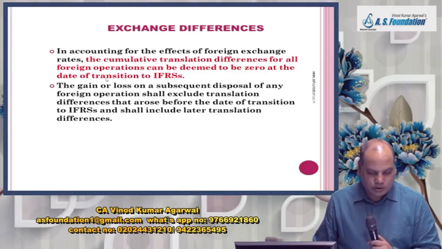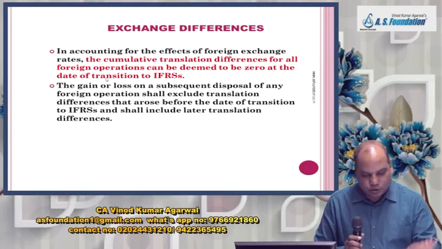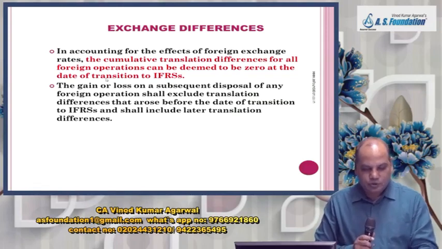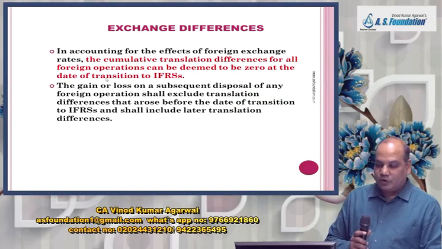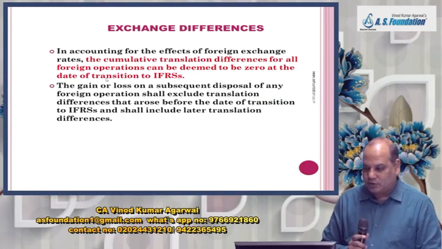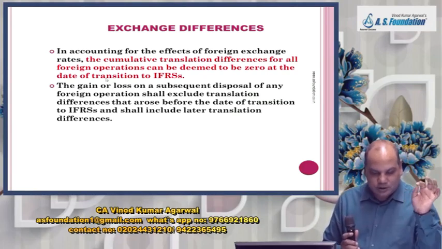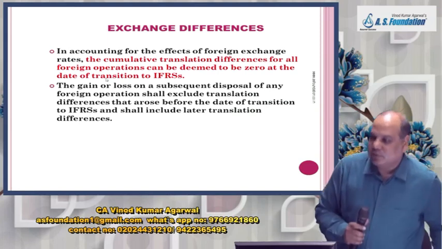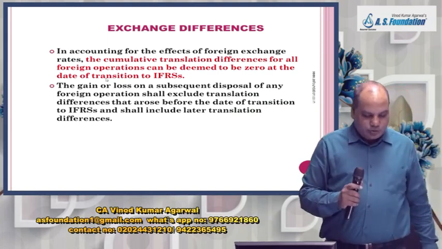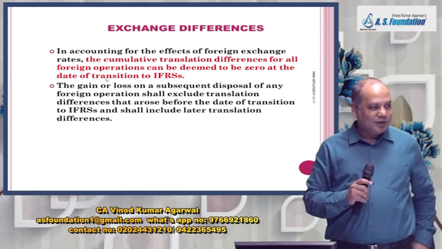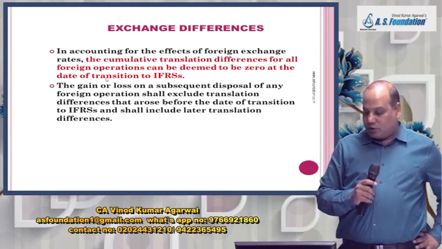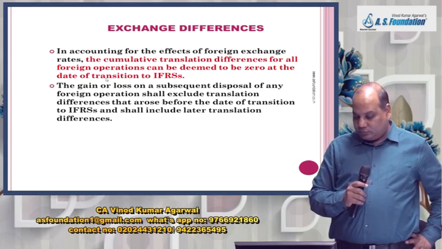So what we will understand from this paragraph, you continue with your previous figure if you want. Only do the impairment testing. Next is exchange difference. Again, tick mark this important item for adjustment. They are not going to ask you question on exploration and evaluation asset, but exchange difference can come.